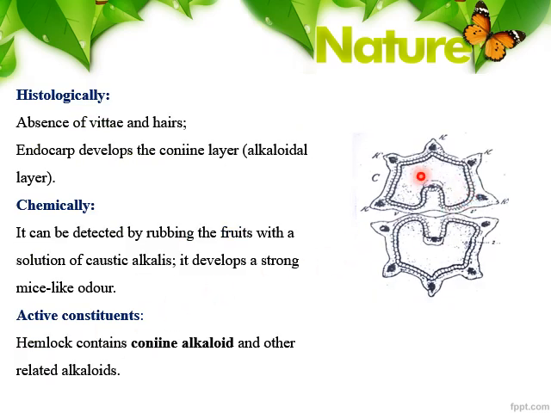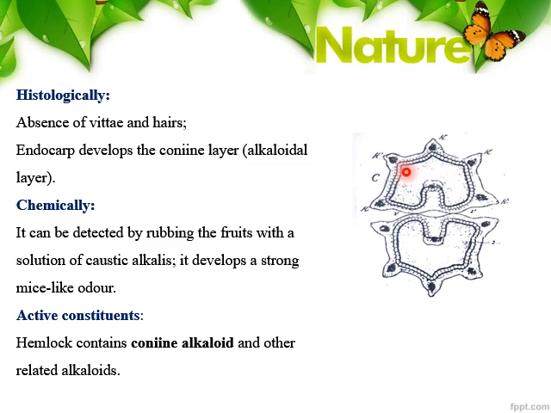Histologically it is characterized by the presence of grooved endosperm. In comparison to anise, we still have more prominent or crenate primary ridges with vascular bundle below, and the innermost layer of the mesocarp shows U-shaped thickening and contains the coniine alkaloid.